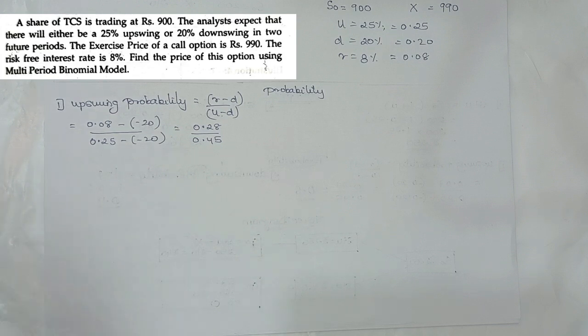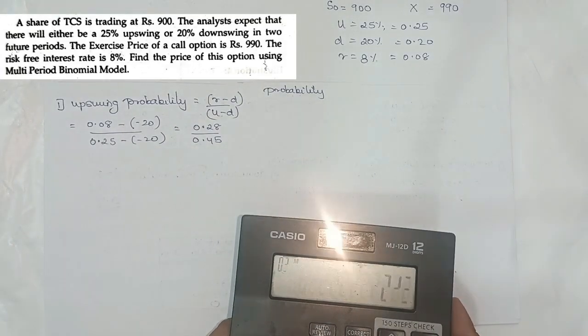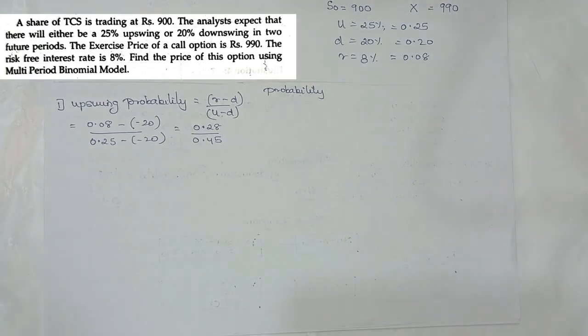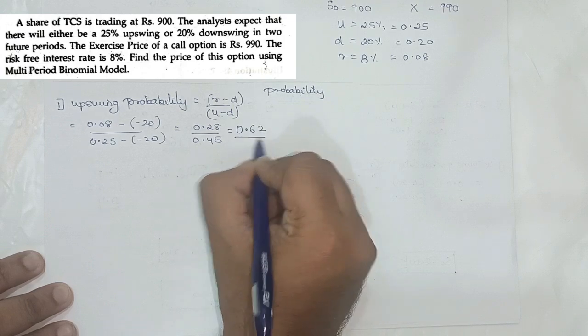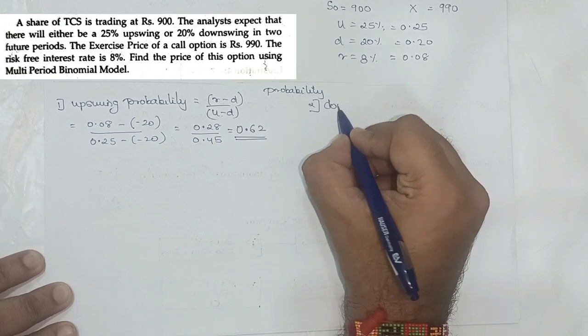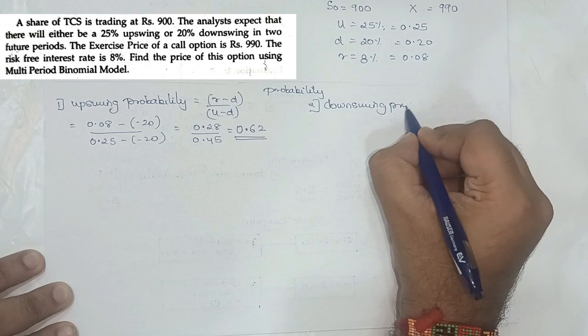Now, if we put it on the calculator, 0.28 divided by 0.45, the value we got is 0.62. So the probability will be 0.62. Same way, we need to find the downswing probability.